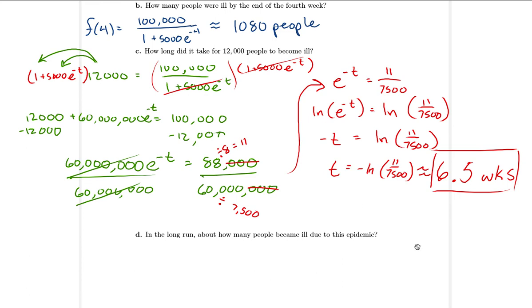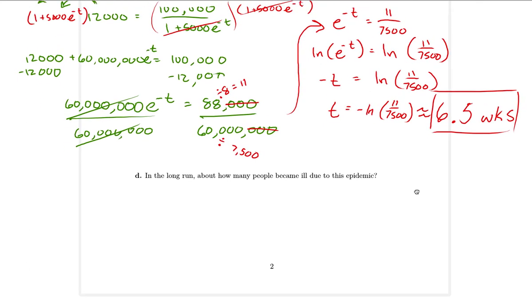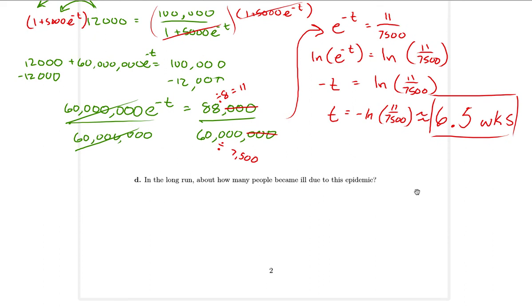And then this very last question here says, in the long run, about how many people will become ill due to this epidemic. Well, the key here is that in the long run means what happens when time goes on, right? As t gets big. So this is where we want to do one of those analyses where we say, as t gets large, f of t equals 100,000 over 1 plus 5,000 e to the negative t, right?